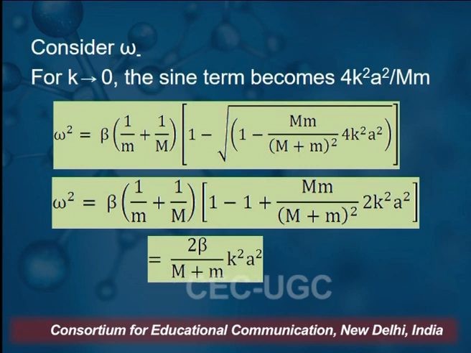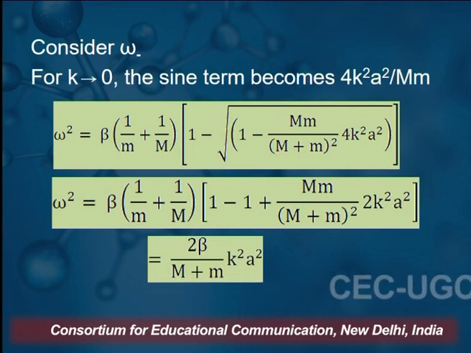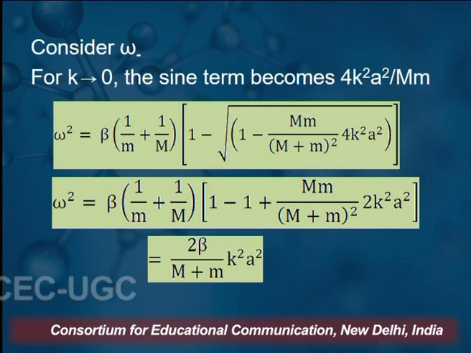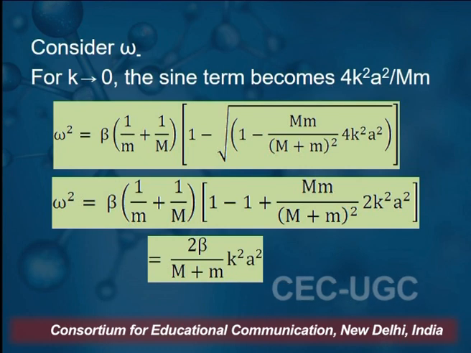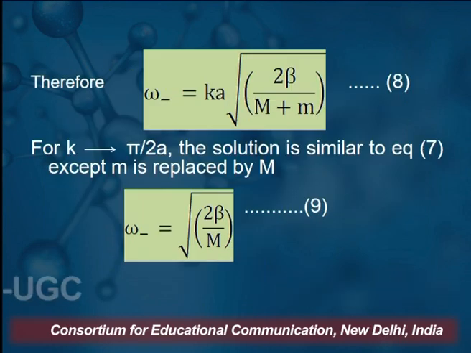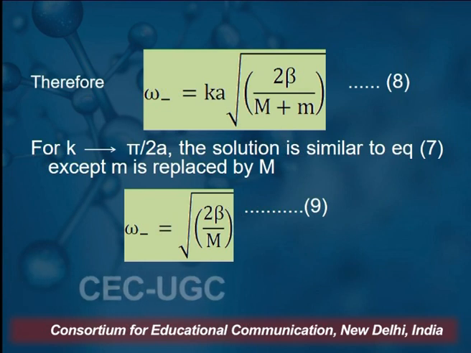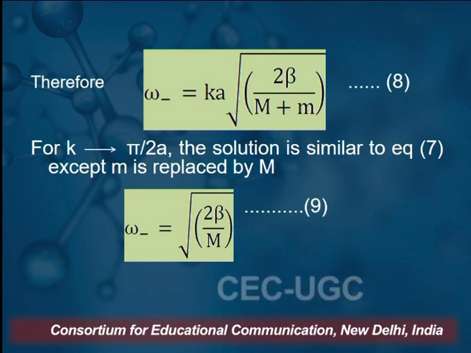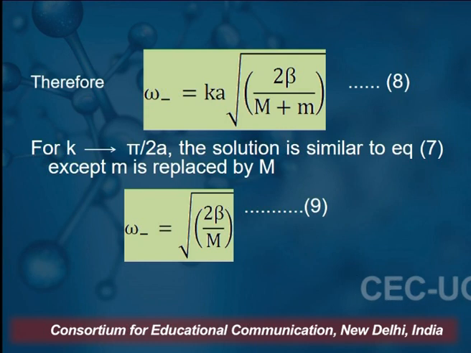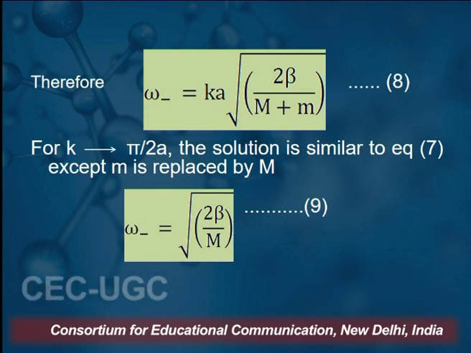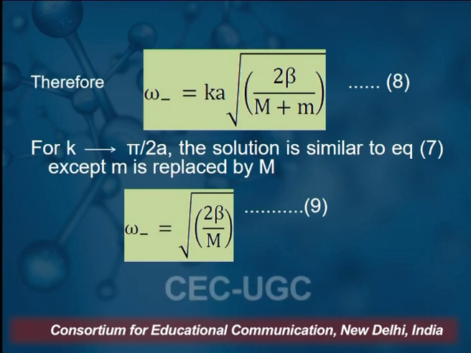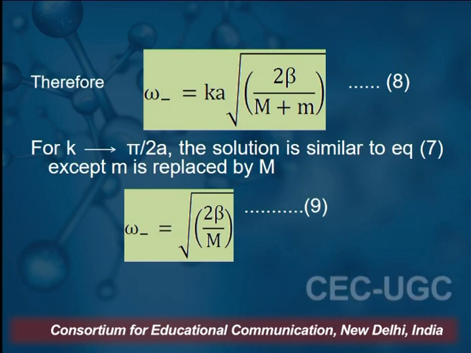So, omega square will be of the form, ultimately, after the necessary calculations, 2 beta by m plus M k square a square, or omega minus will be equal to k into under root of 2 beta upon m plus M.